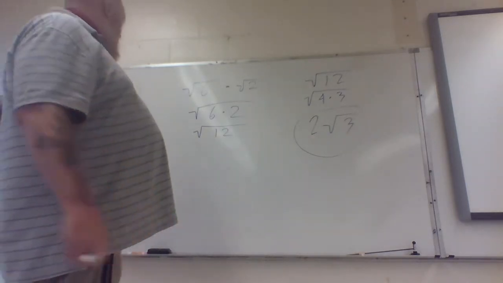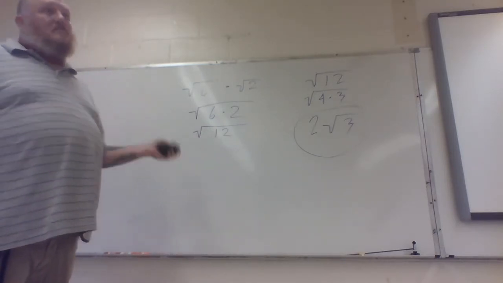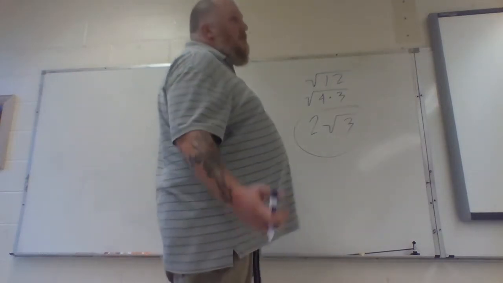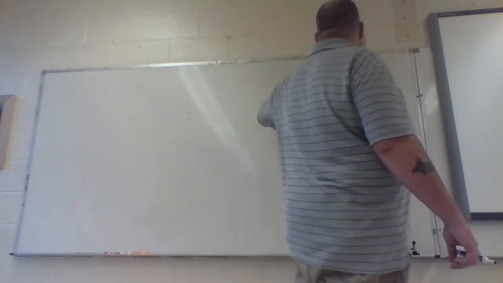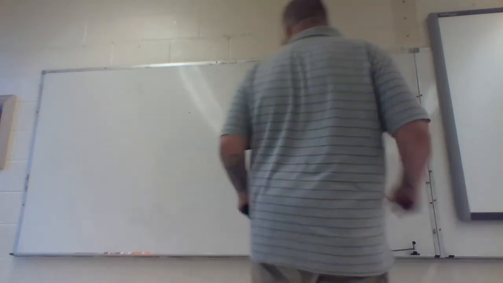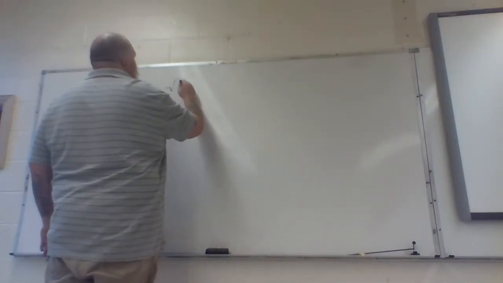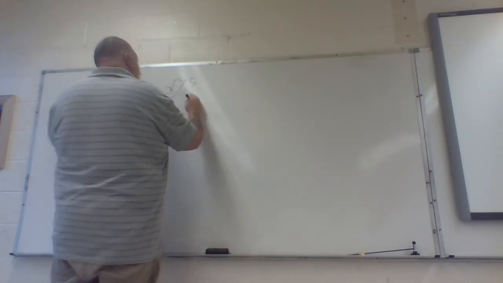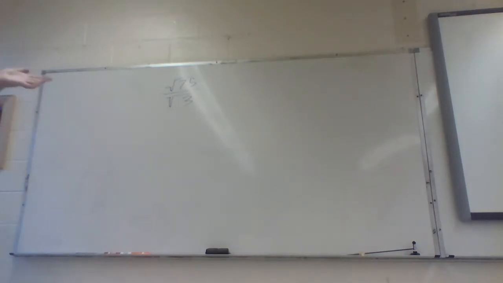All right. Okay, so we're good with how to multiply these, right? All right. Now we're going to talk about dividing them, which is going to be essentially the same process. So, if we have square root of 75 divided by the square root of 3.